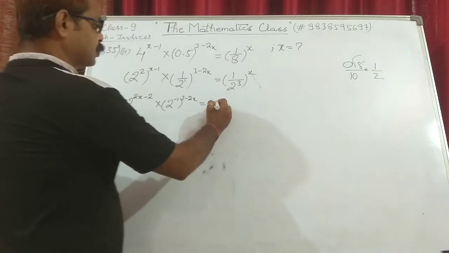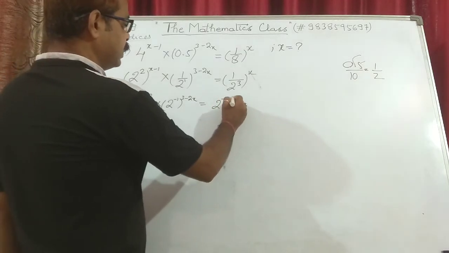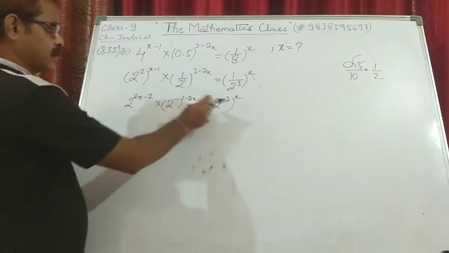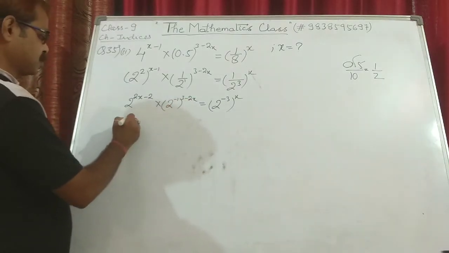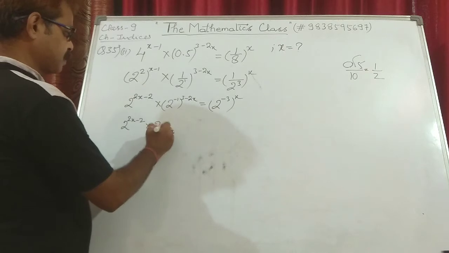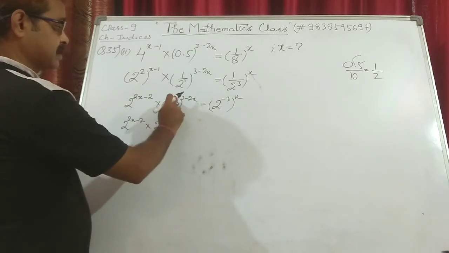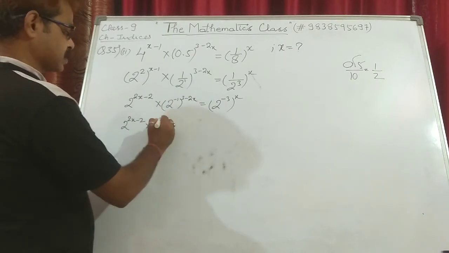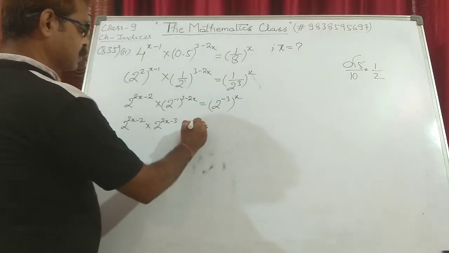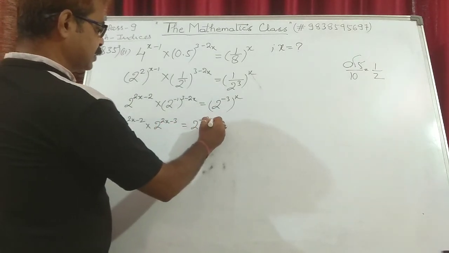And this will become 2 to the power minus 3, whole power x. Now we will first solve the powers. So this can be written as 2 to the power 2x minus 2, into 2 to the power minus 1 into 3 is minus 3, and minus 1 into minus 2x is plus 2x. So we can write it as 2x minus 3, is equal to 2 to the power minus 3x.